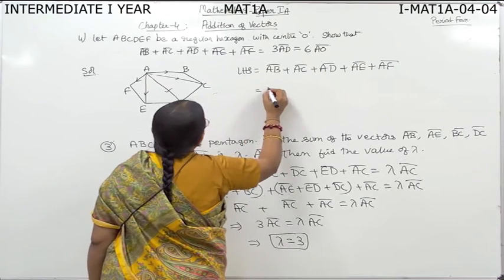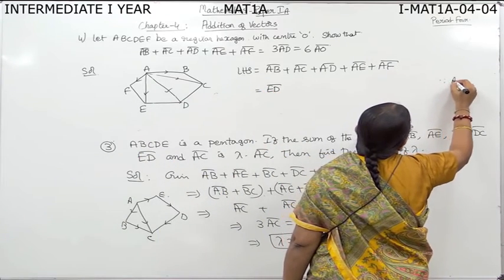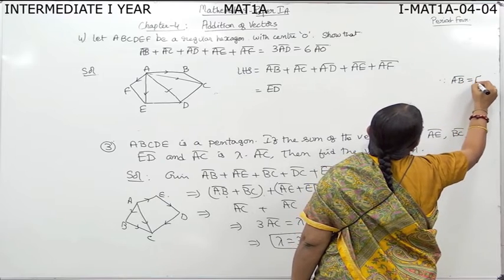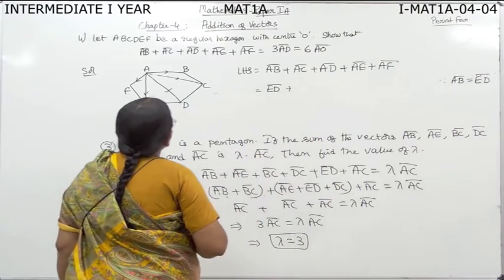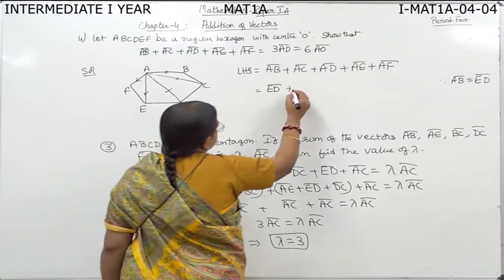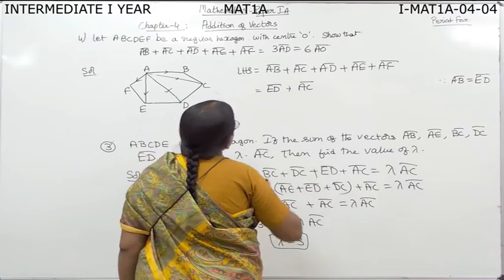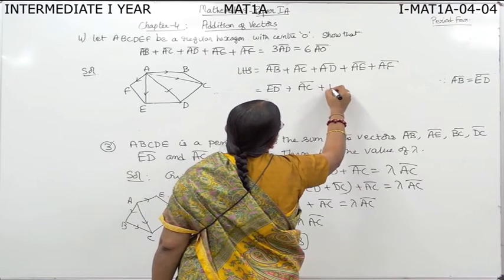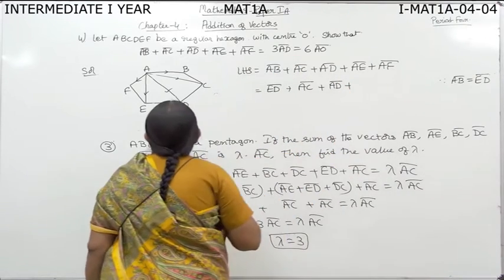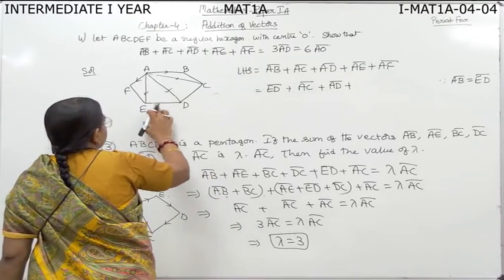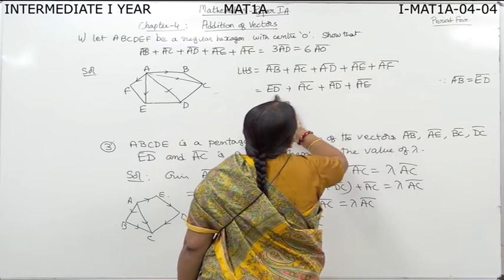Next AC, we write as it is. Next AD, also as it is. Next AE, also as it is because we can group AE and ED.